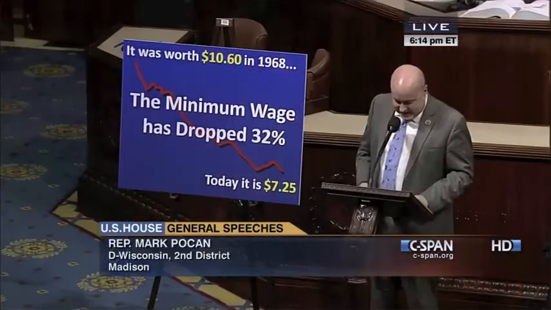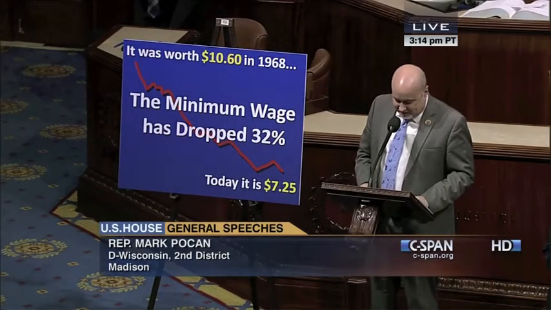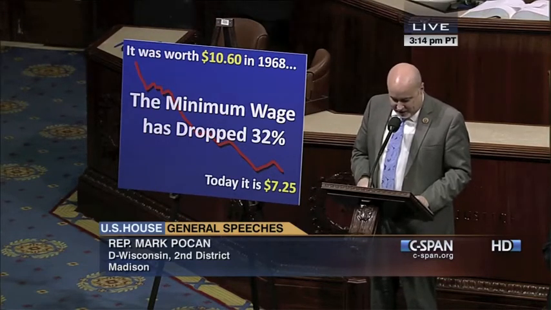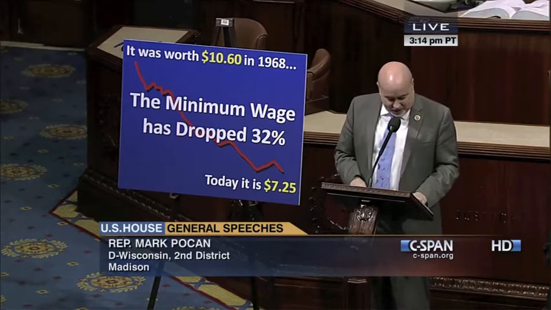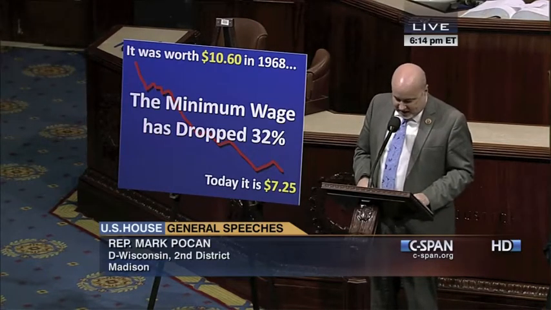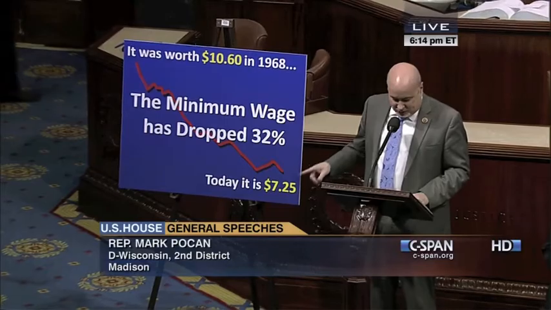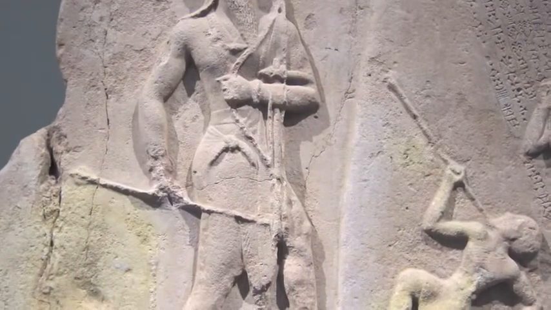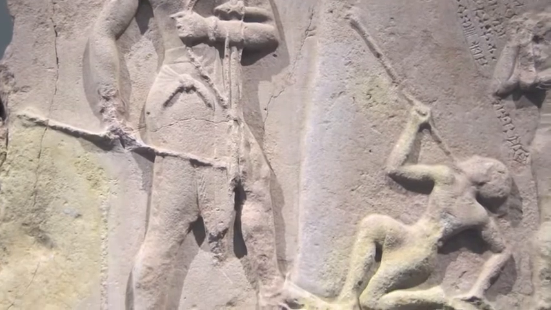Adjusted for inflation, the 1968 minimum wage was at $10.60 an hour in 2013 dollars, according to the Bureau of Labor Statistics Consumer Price Index. The minimum wage today is only $7.25.